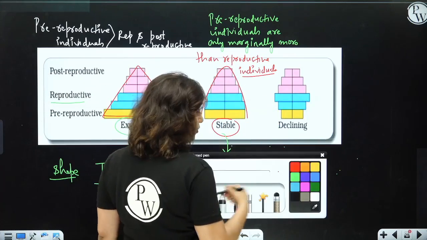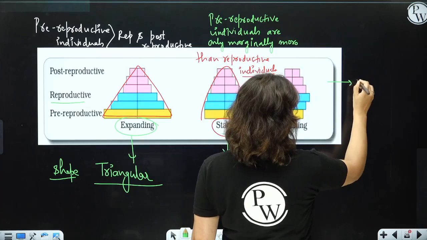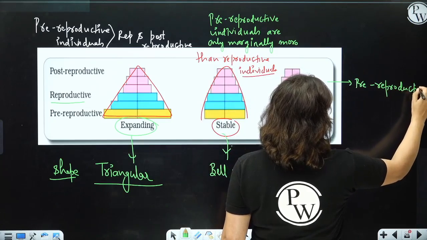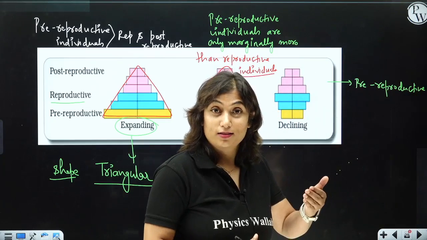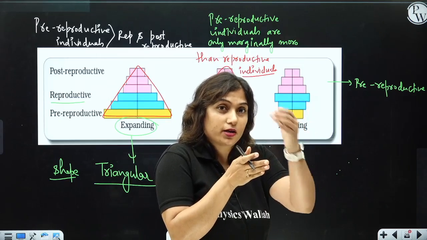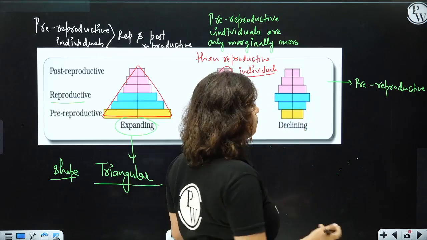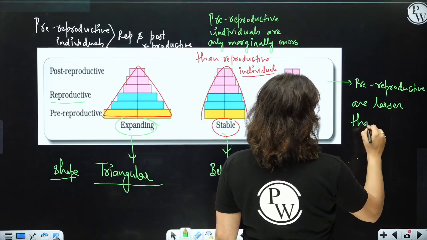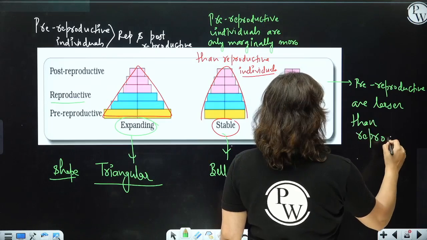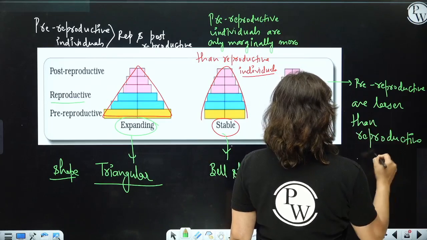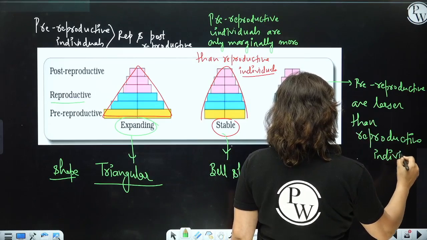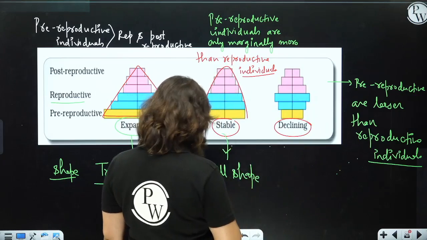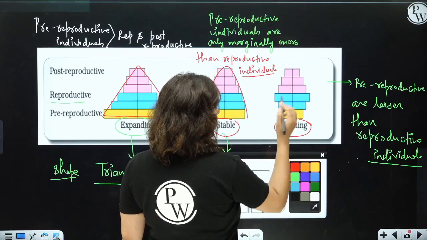And here, if the number of pre-reproductive individuals is lesser, that means the kids are fewer than the adults, then in the next lot, when these kids become reproductive, obviously there will be fewer. So if pre-reproductive individuals are fewer than reproductive individuals, then it will be a declining population, and a declining population shows an urn shape.